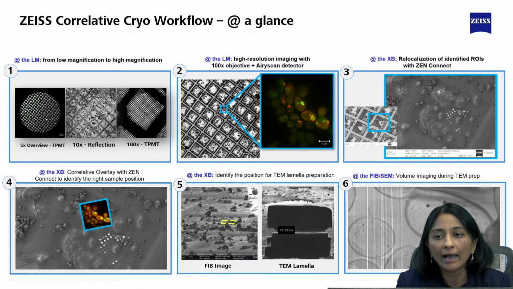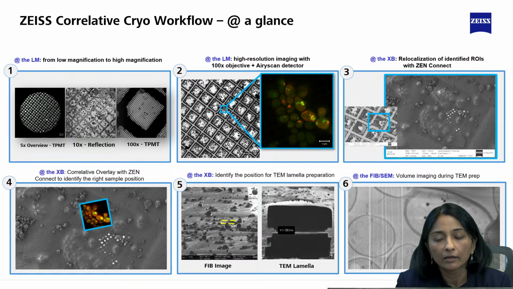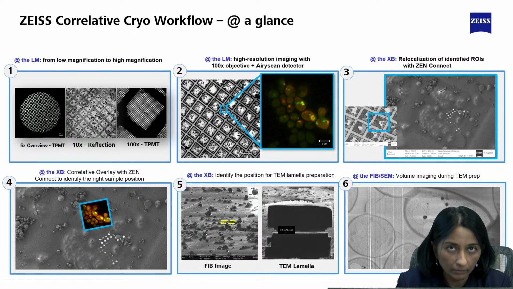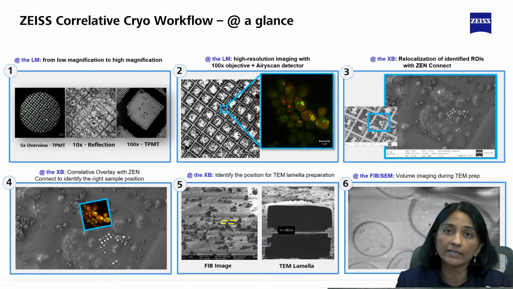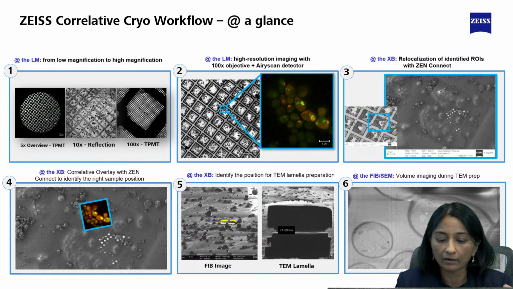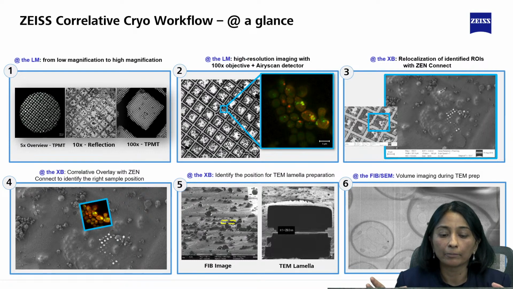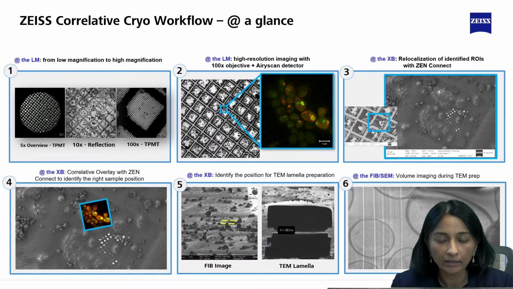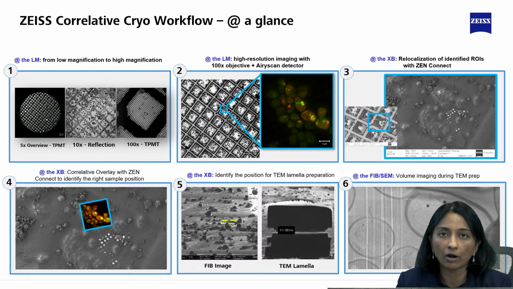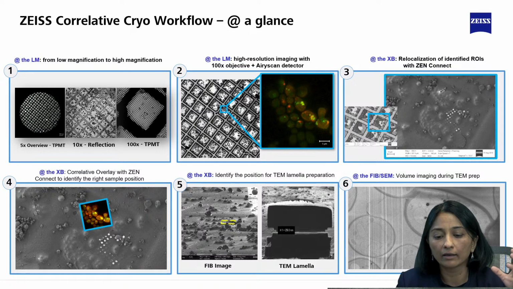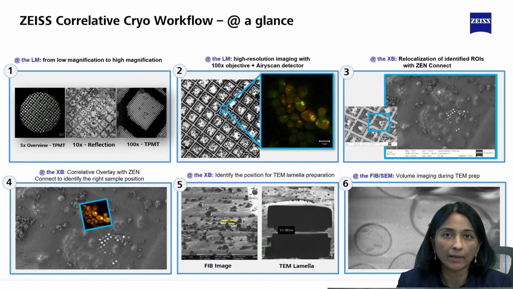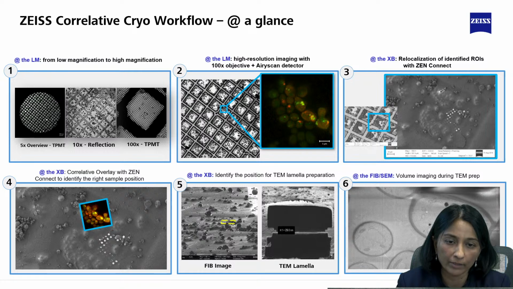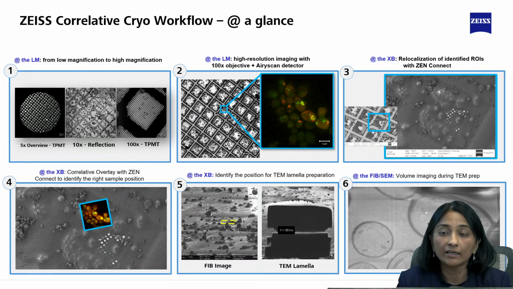Once you do that, you can take the grid over to the crossbeam, and you can do this very seamlessly utilizing our correlative project, which is called ZEN Connect, which keeps all of the files in context, and you can image the very same regions on the crossbeam, create a lamella, or perhaps do 3D volume imaging. So that's in a nutshell what the correlative workflow is.